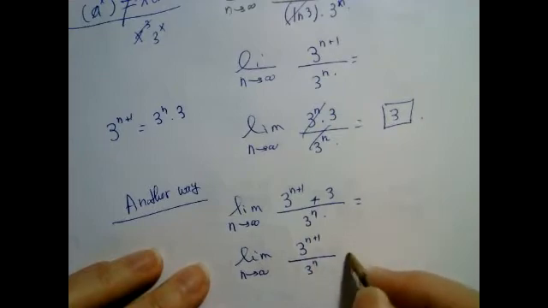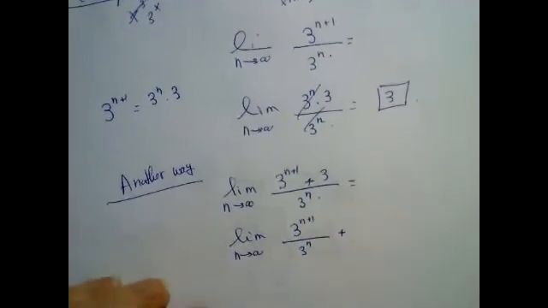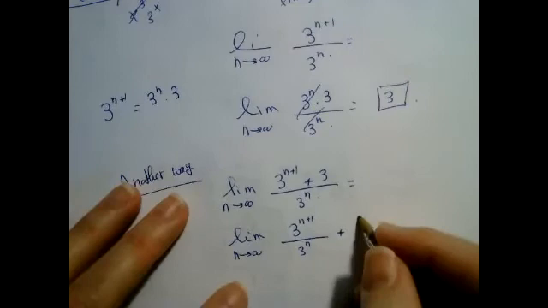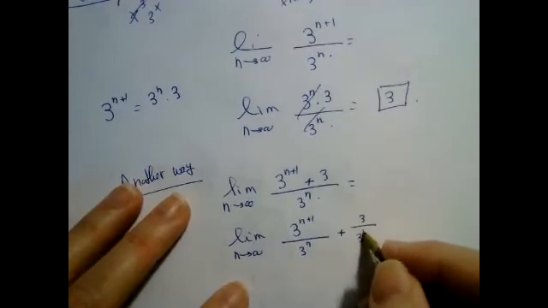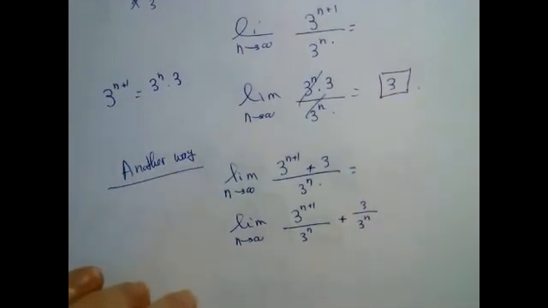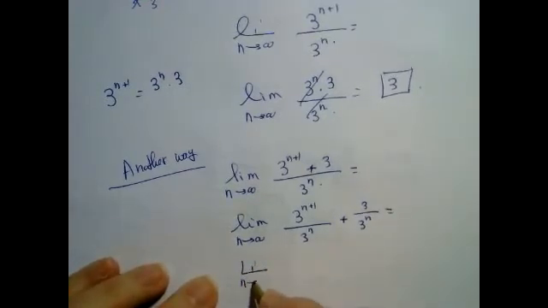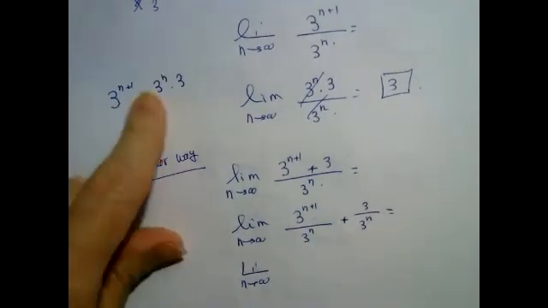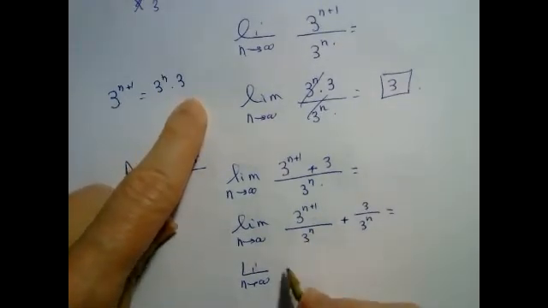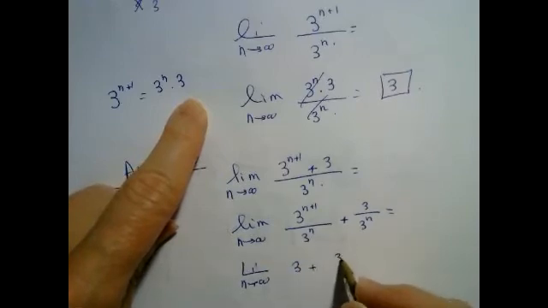We cannot always do that, but in this problem, math a lot of the time is about looking and seeing what I can do with the quantity. So that's really an easier way to do it. This will give me the limit as n tends to infinity of 3 to the n plus 1 over 3 to the n. We did it a minute ago. This is going to give me 3 plus 3 over 3 to the n.